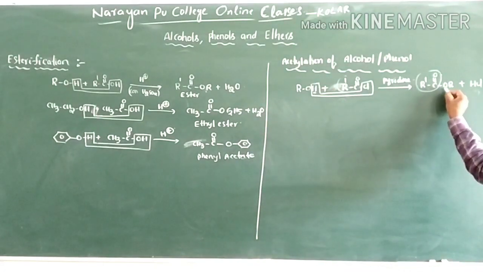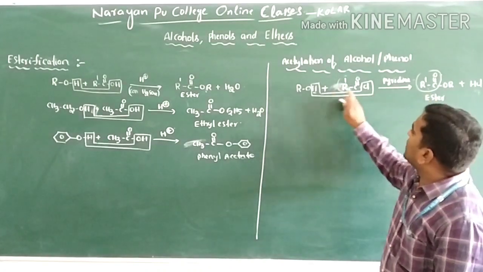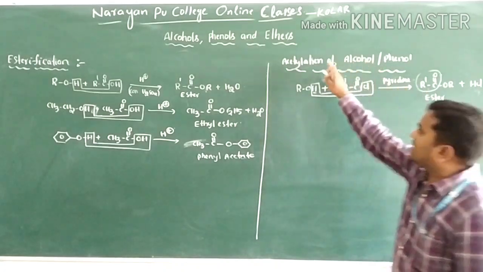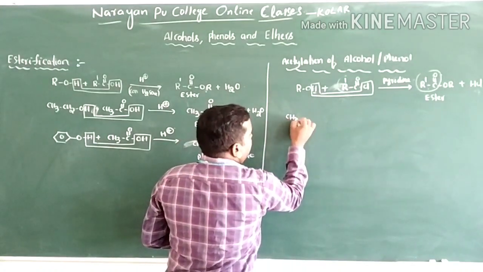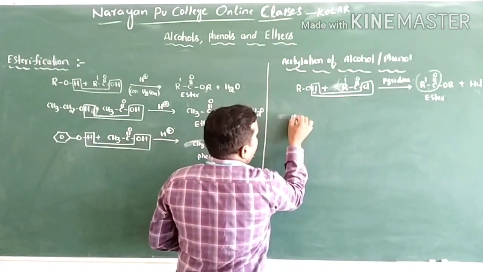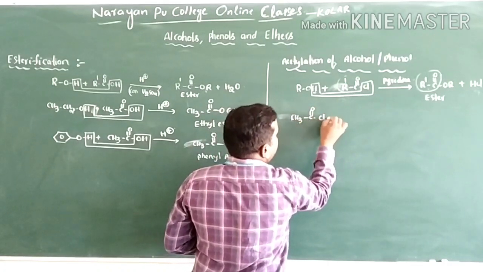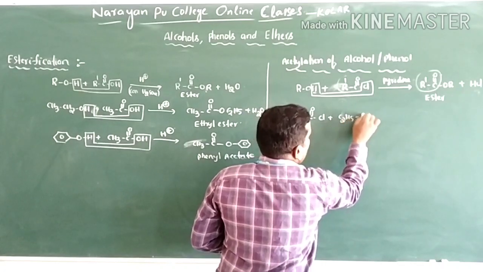Here also the compound you will get is an ester only. But the H is replaced by the acyl group, so that's why we call it acylation. In the same way, you can take any example. I will write CH3COCl, and here I will take C2H5OH.